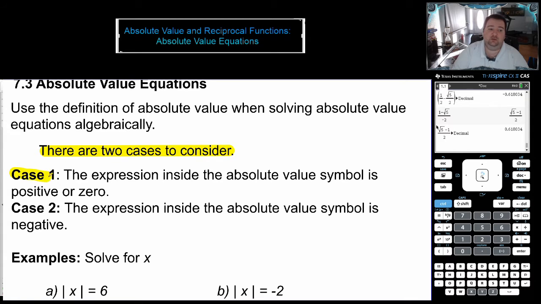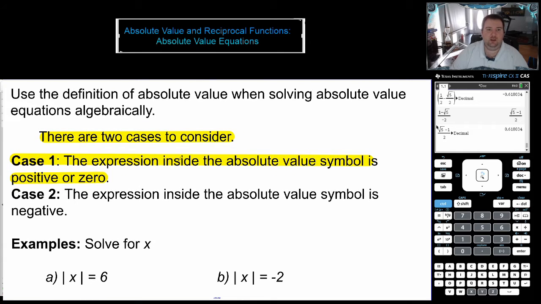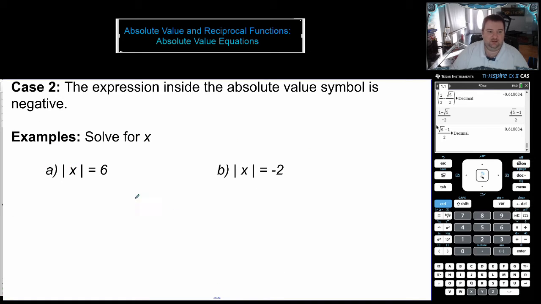The first case is that the expression inside the absolute value symbol is going to be positive or zero. Let's do this first one. Case one is that what's inside our absolute value symbol, which is x, is greater than or equal to 0.